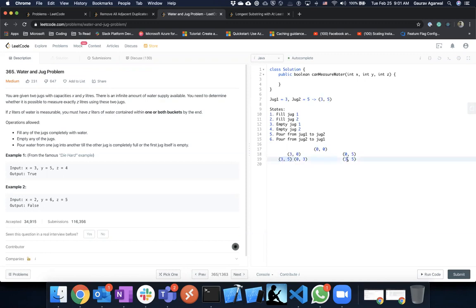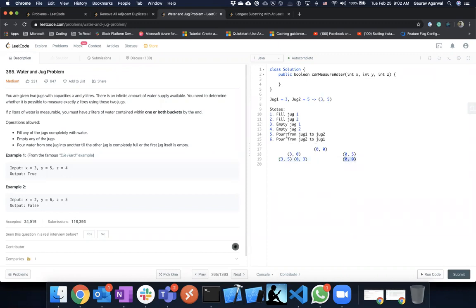We can fill jug 2, but we already have this state at this level, so we ignore that. We can empty jug 1, which should be the same state. We can empty jug 2, which leads to 0 0. We have already seen this state at the root, so we ignore that.